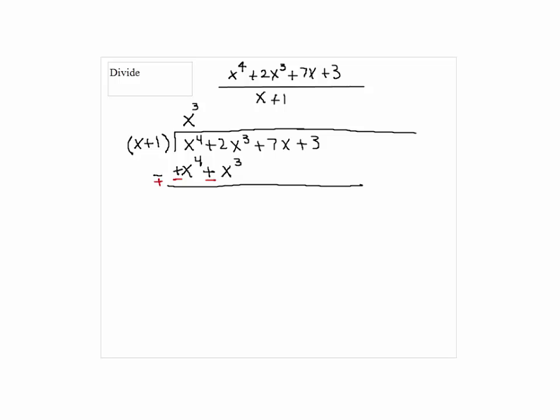Here we have to subtract to get the remainder. When you subtract in columns, we can say we are adding, and then we change the sign of the second term into its opposite sign.